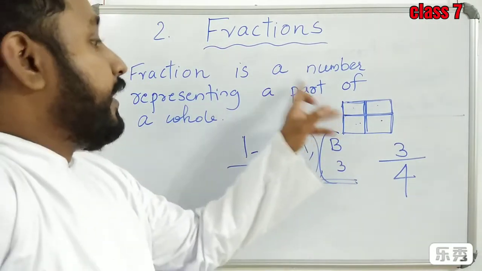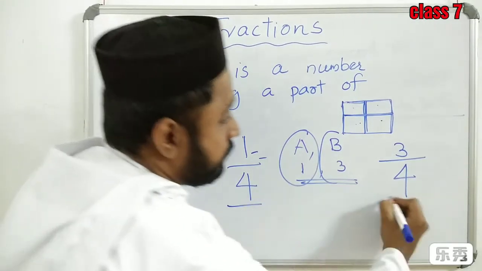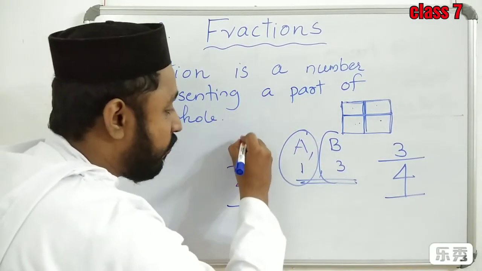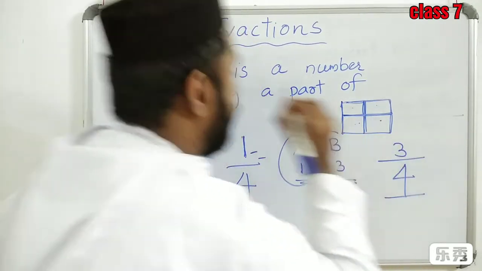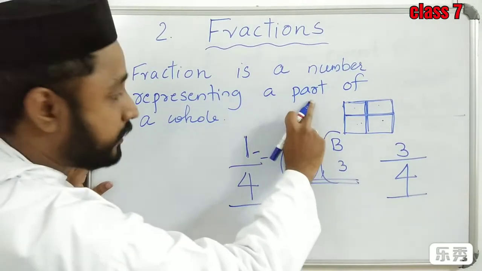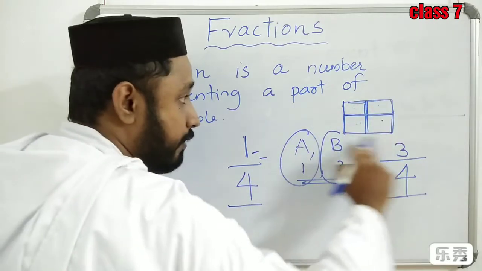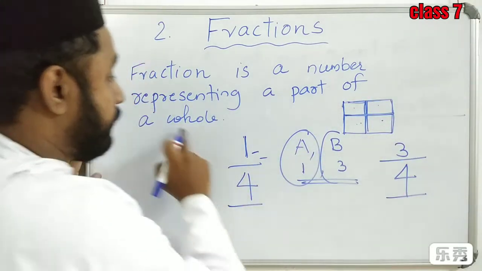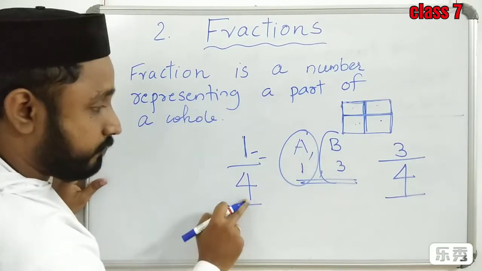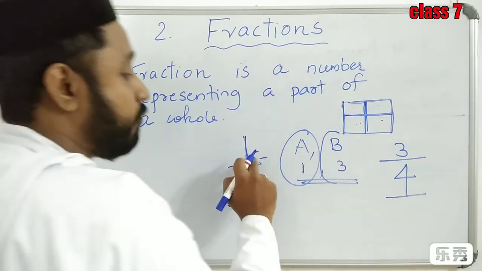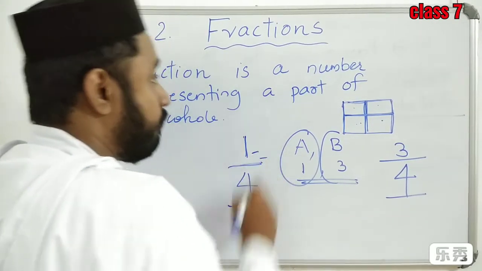So a fraction is a number representing a part of a whole. Whole means complete. There are 4 equal pieces from this whole. Here the whole is 4, and from these 4 parts A got 1 piece, that means 1 by 4.